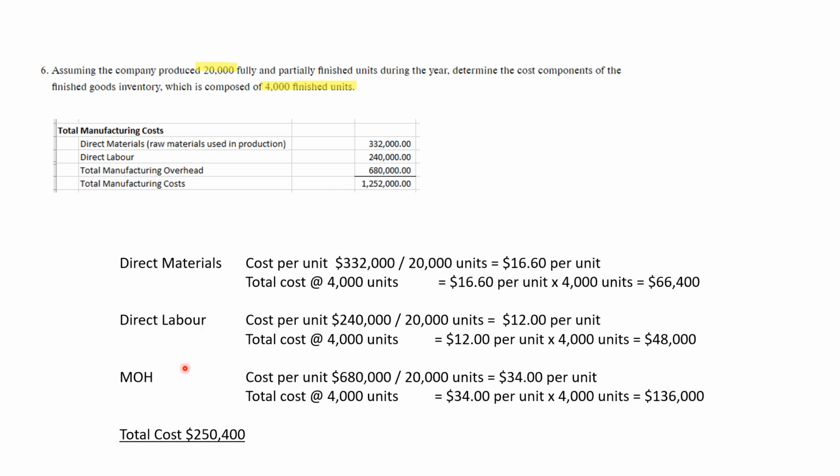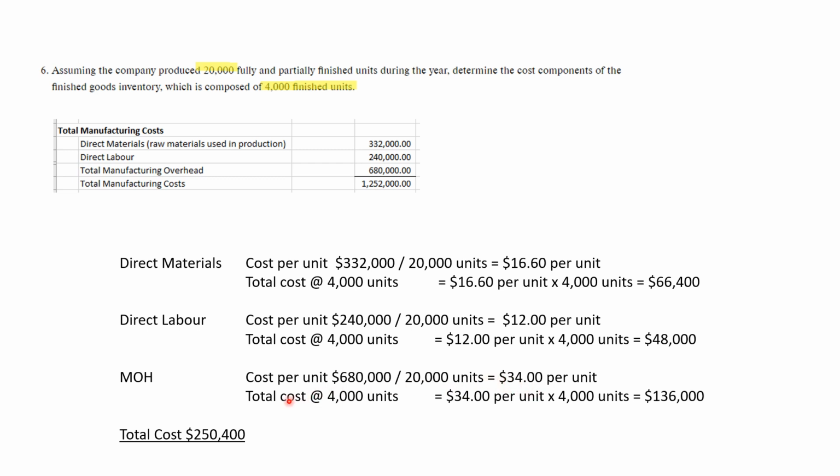And finally, for our manufacturing overhead, we'll do the exact same thing. They're all variable costs, so our cost per unit is going to be our $680,000 cost divided by our 20,000 units to give us a cost per unit of $34.